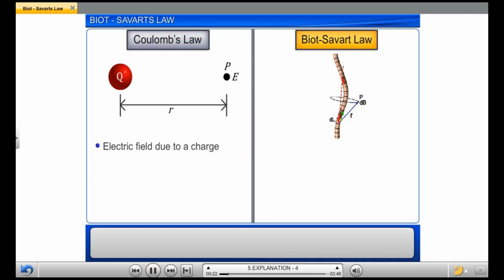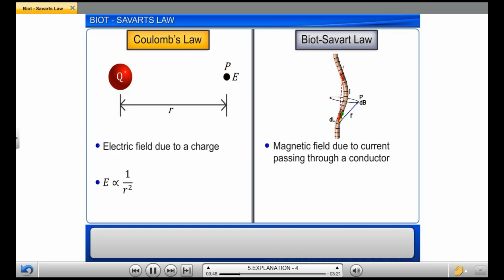The Biot-Savart law gives the magnetic field due to current passing through a conductor, where the source of the magnetic field is the current passing through the conductor. According to Coulomb's law, the electric field due to a charge is inversely proportional to the square of the distance between the charge and point P.